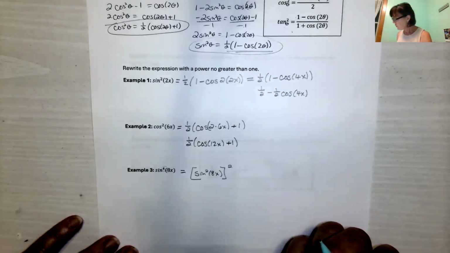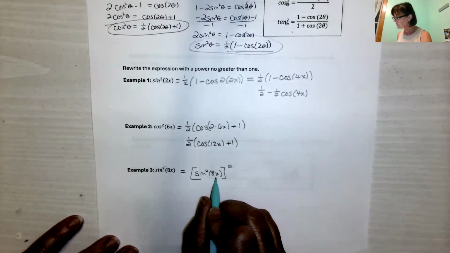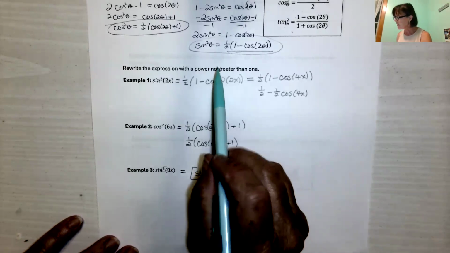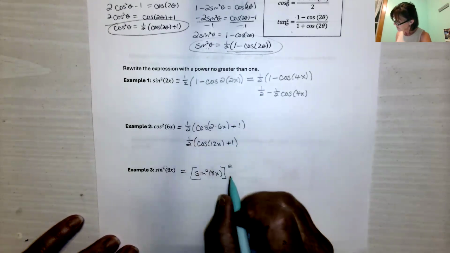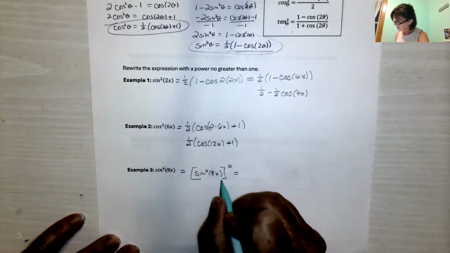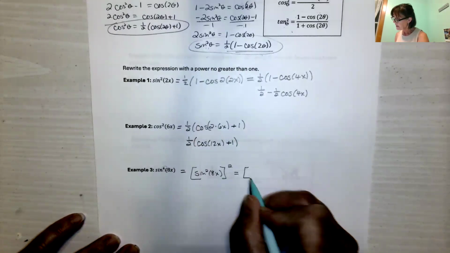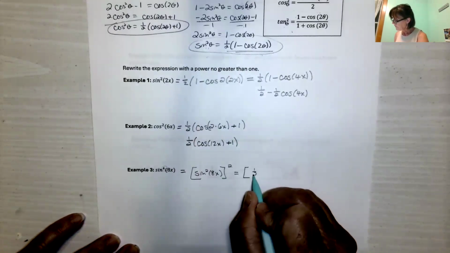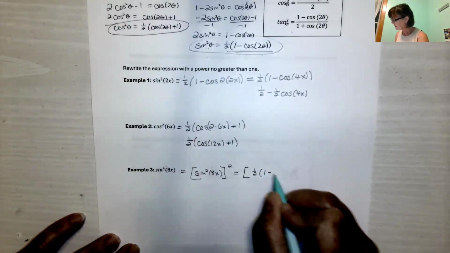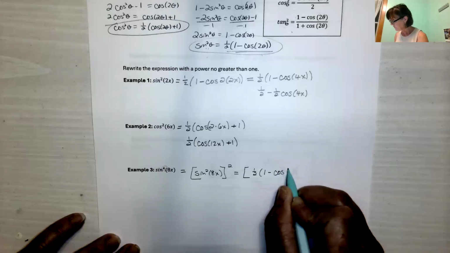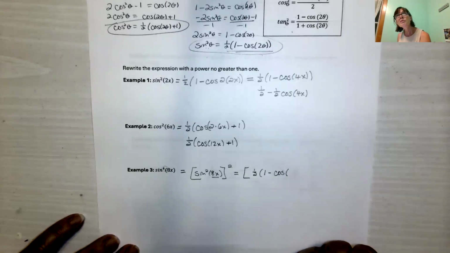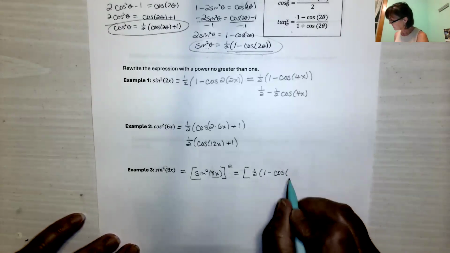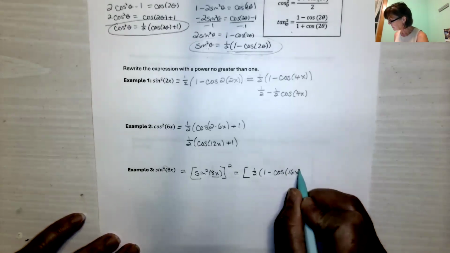And so then you can say, well, what is the sine squared of 8x? Well, we can use this reduction formula to rewrite sine squared of theta into something else. So sine squared of 8x would be 1/2 times 1 minus the cosine of 2 theta. But my theta is 8x, so 2 times 8x would be 16x.